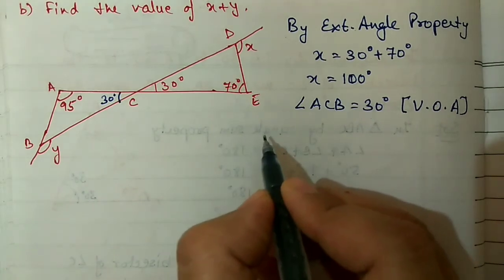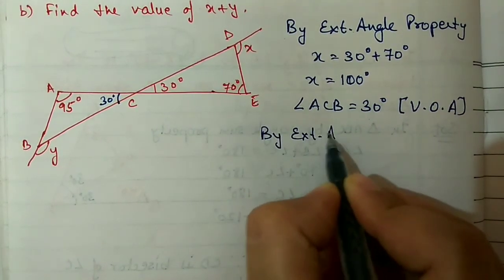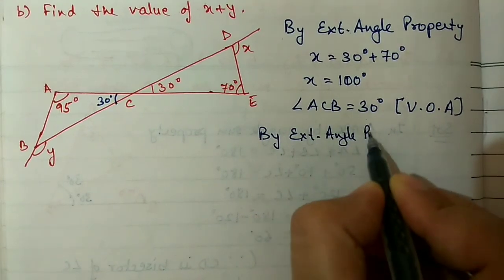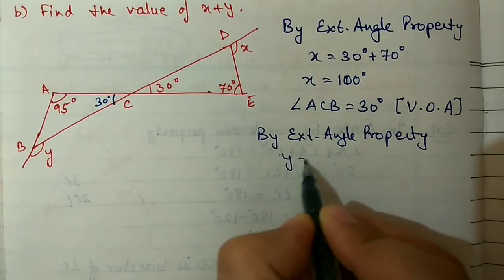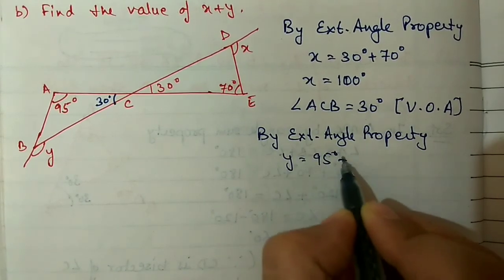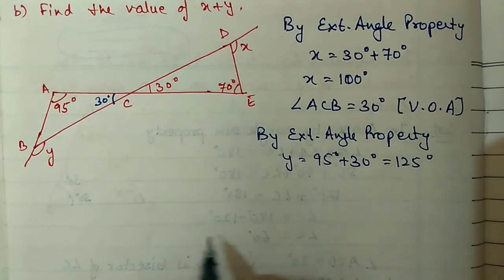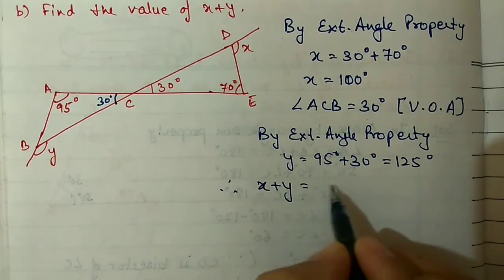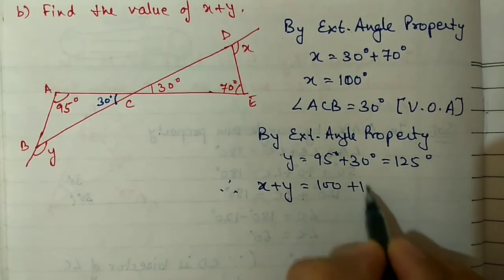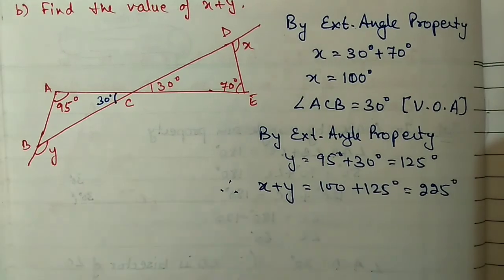So again by exterior angle property, y is equal to 95 plus 30 degrees, which is 125 degrees. Therefore the value of x plus y will be 100 plus 125, equal to 225 degrees.